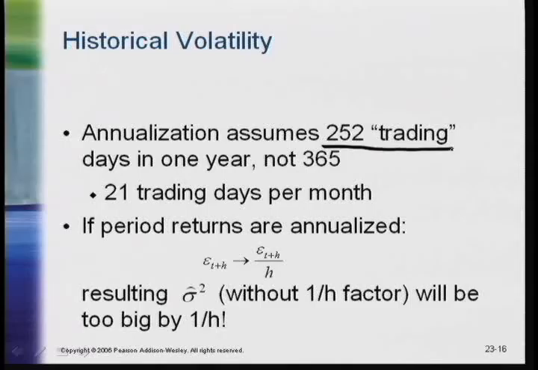So for the purposes of our scaling time factor, if we want to go from an annual measure to a daily measure, we should scale by 1 over square root of 252, not 1 over square root of 365. Research has been done on this question, and basically what it's consistent with is the notion that the price change of securities from a Friday close to a Monday open tends to be quite small relative to what one would expect, which was observing that there are in fact 2 calendar days in between.